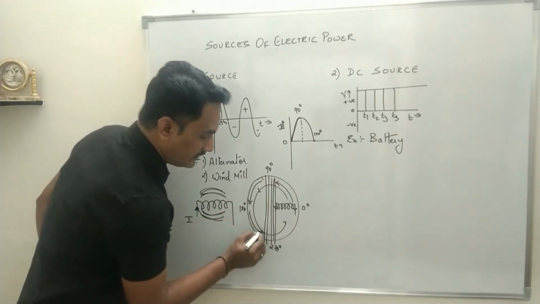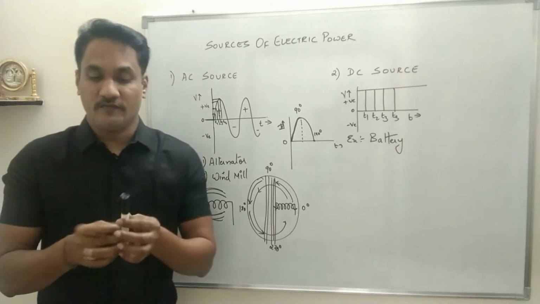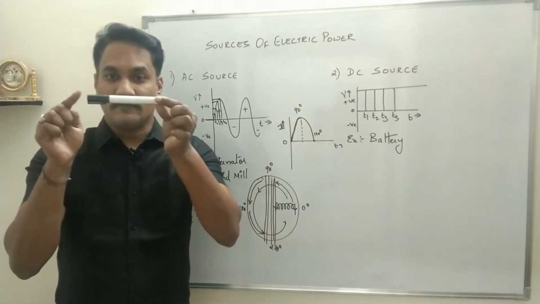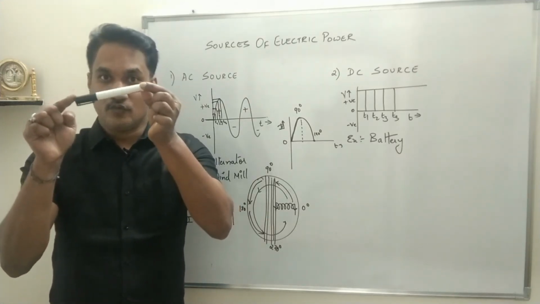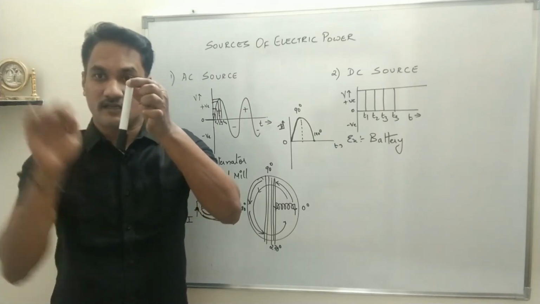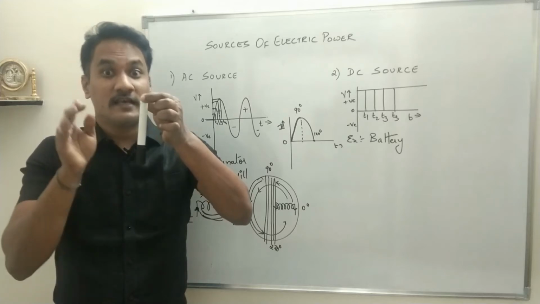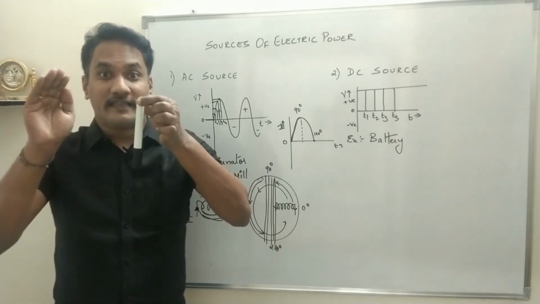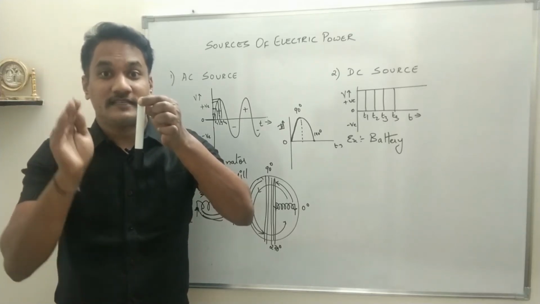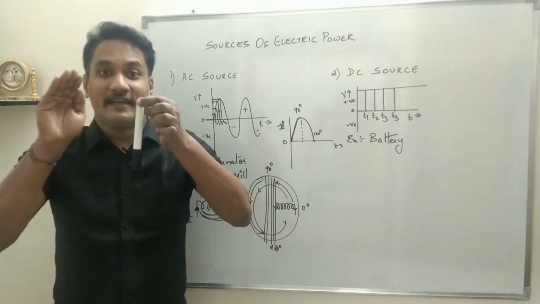Next, 180 to 270. So when it is moving from 180 to 270, see what happens is, again it is moving towards the magnetic line of forces. 180 to 270, it is moving towards the line of forces, but it is in the negative direction because it will cut the magnetic field in negative direction.